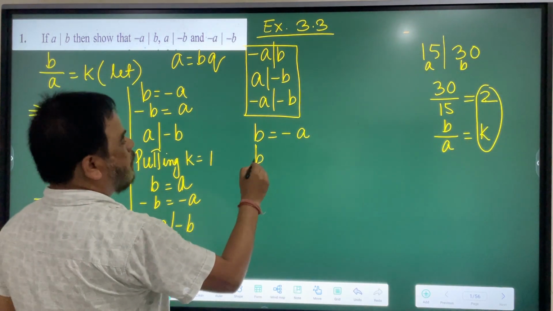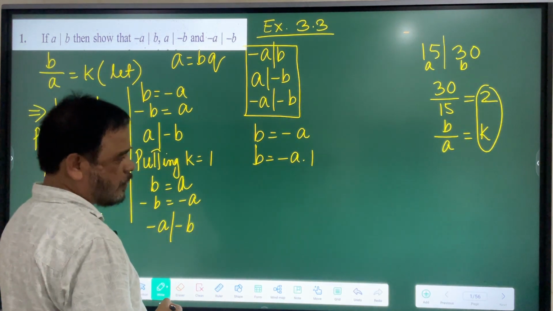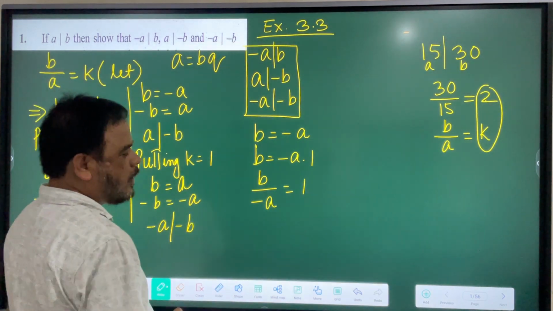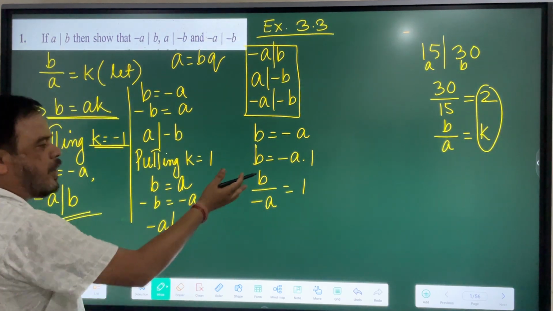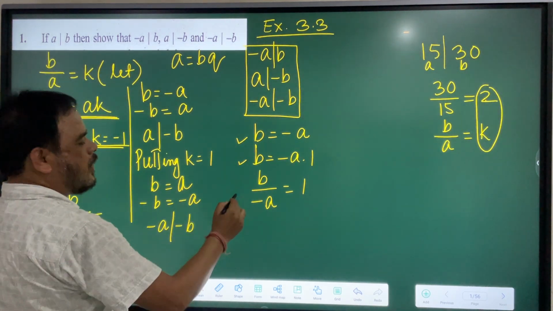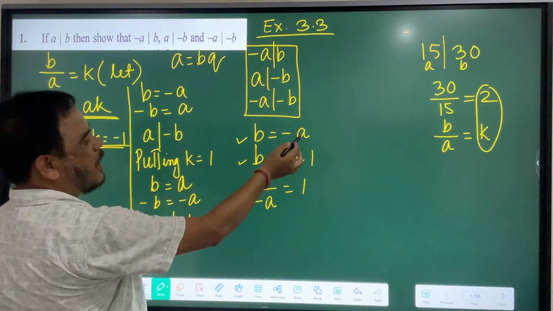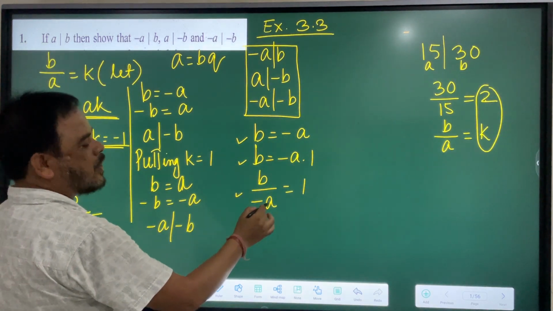To make you understand, I am writing this one this way. B equals minus A into 1. That means B by minus A equals 1. That means if we divide B by minus A, we get 1. The meaning is the same on both lines.